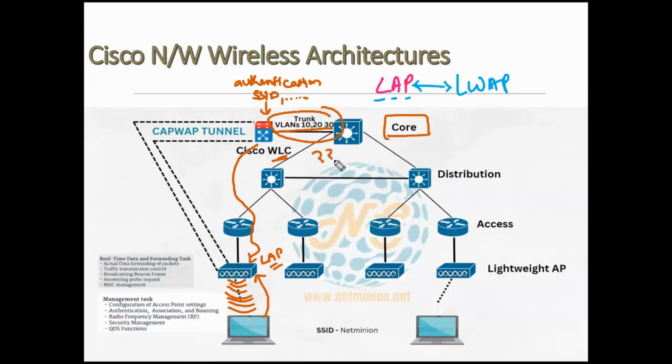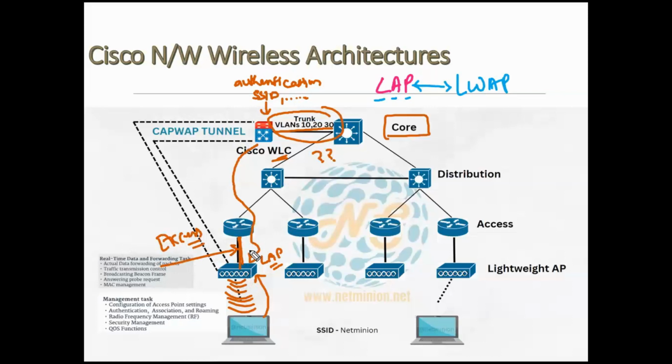Why a trunk is required, you will understand in our upcoming classes, but for now just understand we require a trunk. The connection between the switch and the LAP can be an access connection, an access port. Only one VLAN is good; we don't require many VLANs.